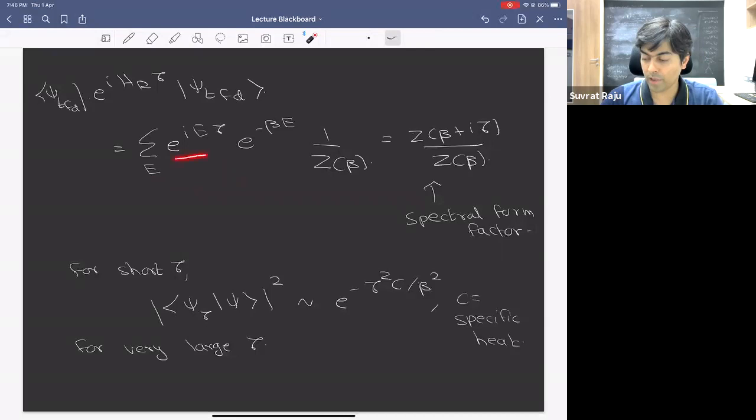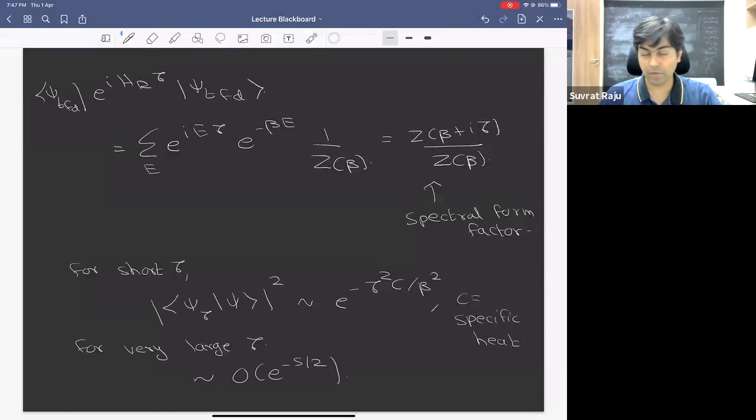But once τ becomes large, these contributions are all contributing with random phases. So a set of e^S contributions with random phases gives you something suppressed to e^(S/2), whereas in the denominator, you have the full e^S. And therefore, for very large times, you expect this to be of order e^(-S/2).